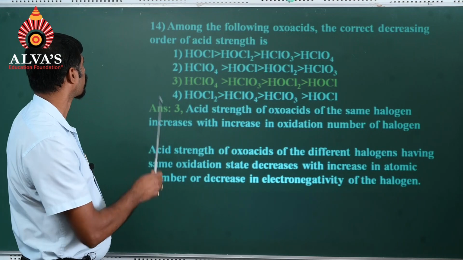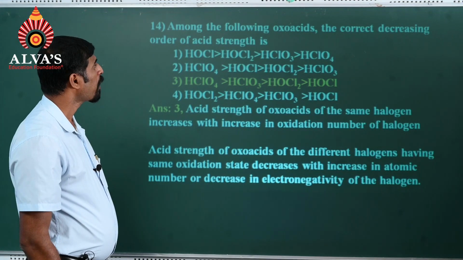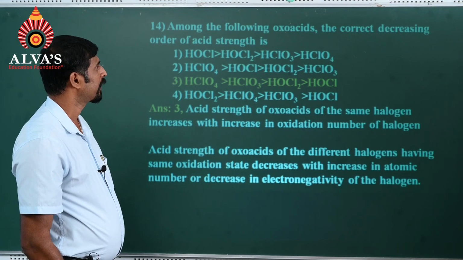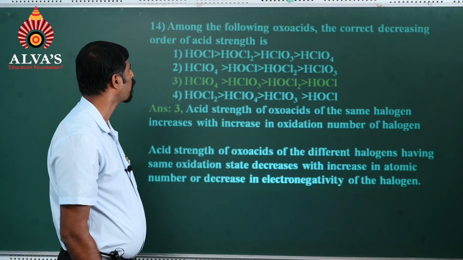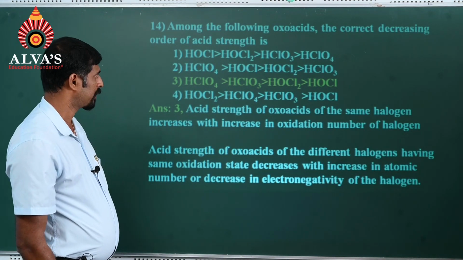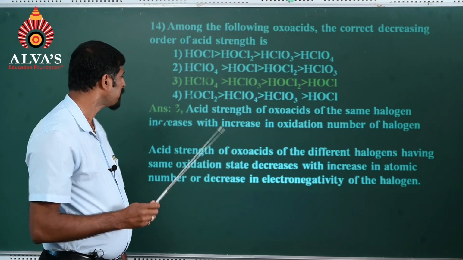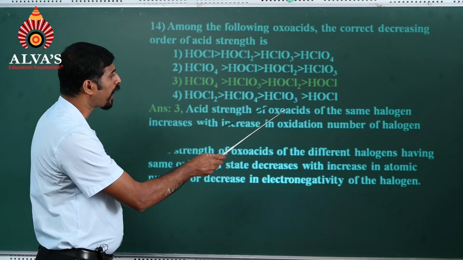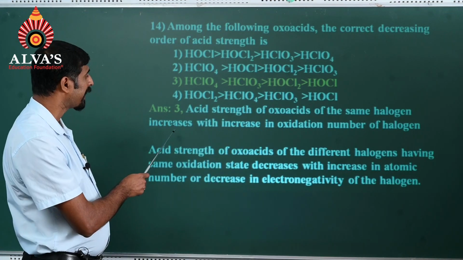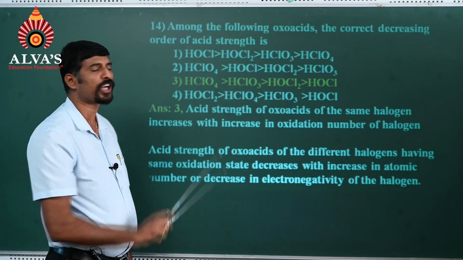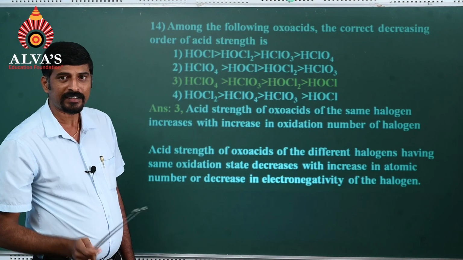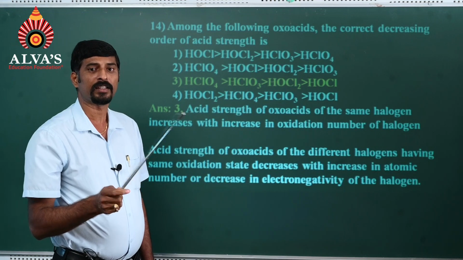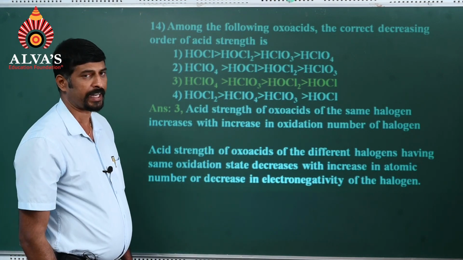Next, move on to question number 14. Among the following oxo acids, the correct decreasing order of acid strength is. Now, acid strength of oxo acids of the same halogen increases with increase in oxidation number of halogen. As the oxidation number increases, the acidic strength also increases.